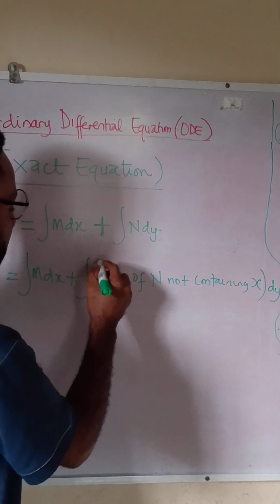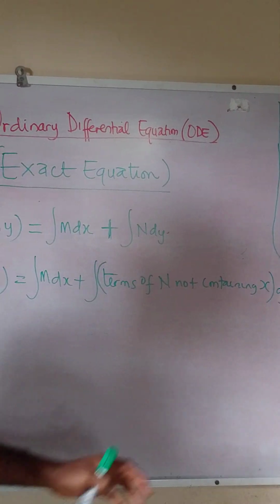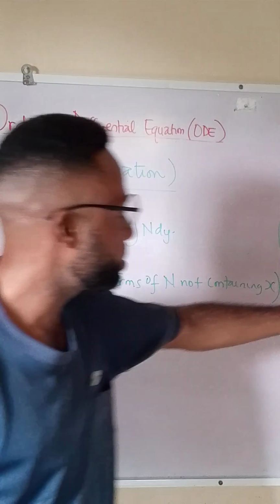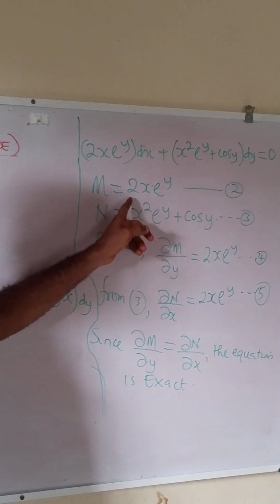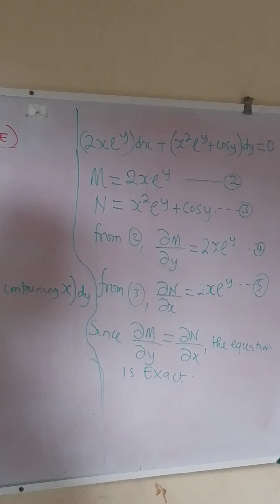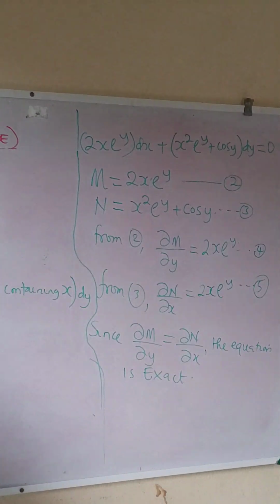What does this imply? What it means is, if you have to take terms of N, we have what our N is, this is our N, and this is our N. So if you have to consider, okay, let me just solve the equation.